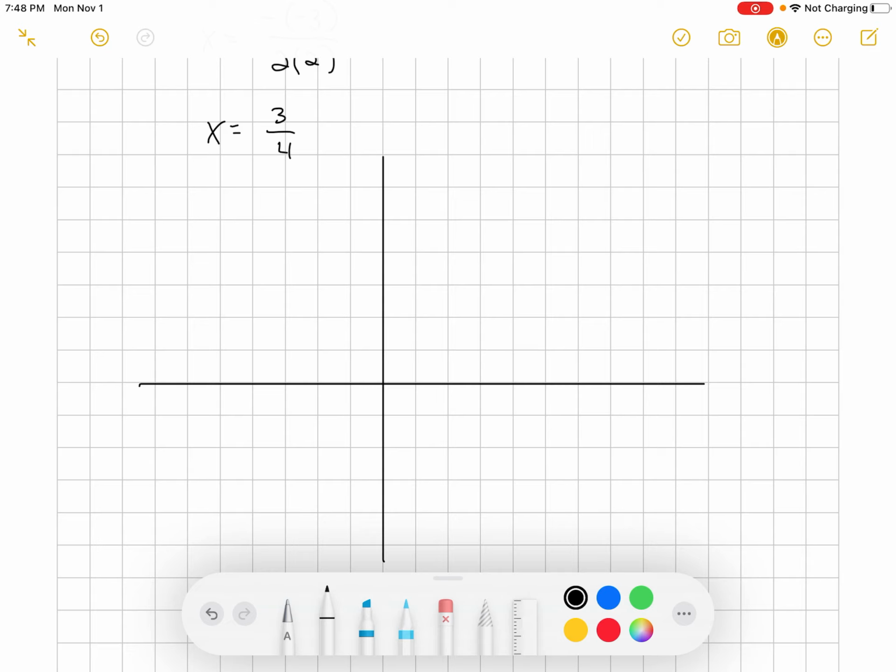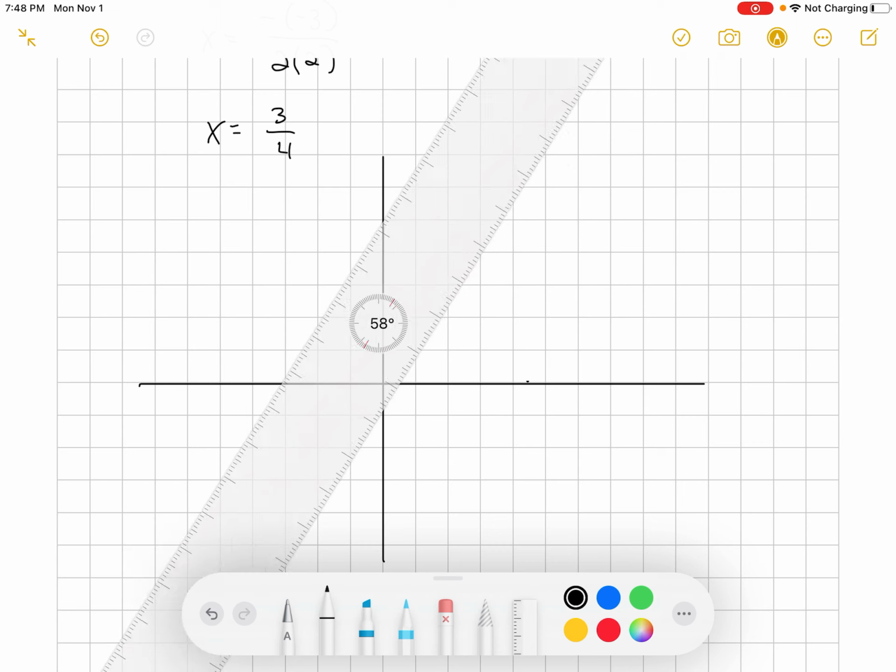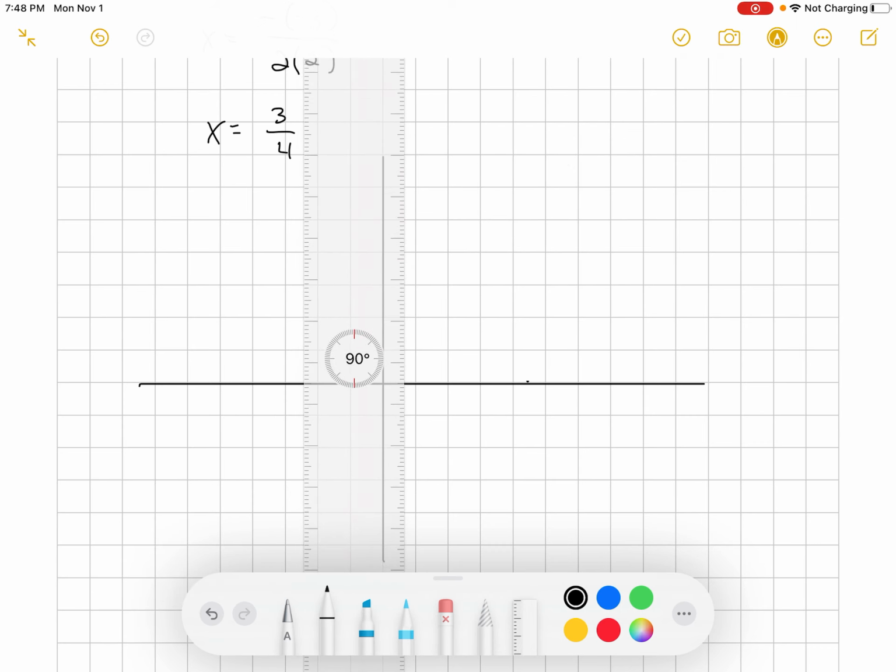Positive 3/4, that's 0.75, so almost to 1, not quite. So let's do this about right here.